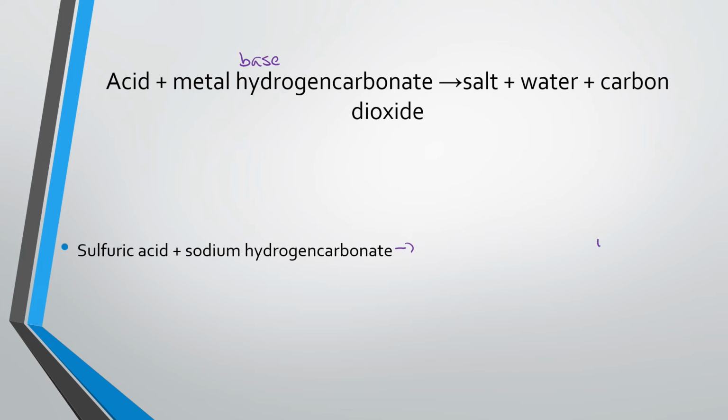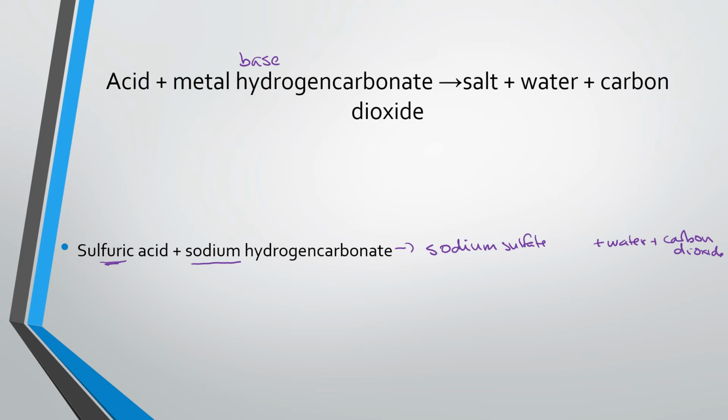The water and the carbon dioxide are easy to work out. So that just leaves the salt. So the salt must be a metal and a non-metal grouping. So the metal would be the sodium and the non-metal grouping from sulfuric acid would be the sulfate. So you say to yourself the salt's name is sodium sulfate, and then using valence, you would write the correct formula.